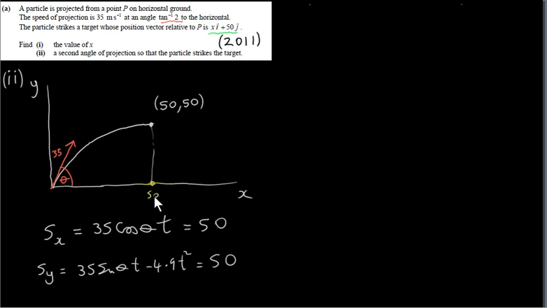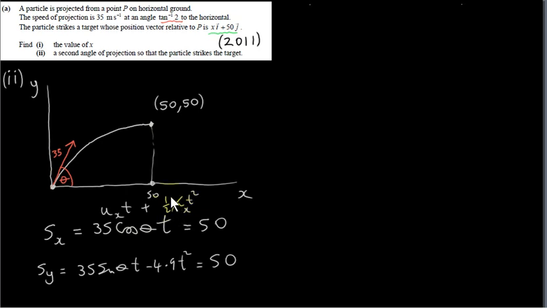Well, we know that it's 50, but we know that the position s is given by ut plus a half a t squared, and in the x direction we have ux times t. Well, ux is the x component of the initial velocity, that's 35 cos theta, times t, which is the time taken for the particle to hit the target.